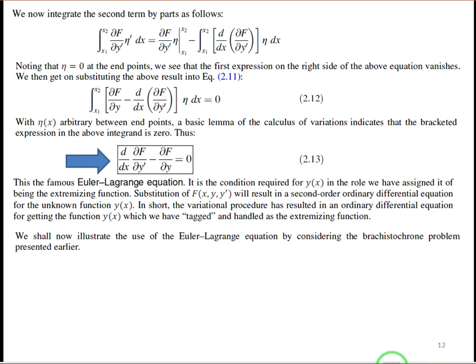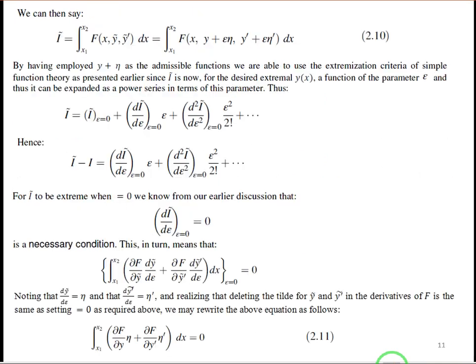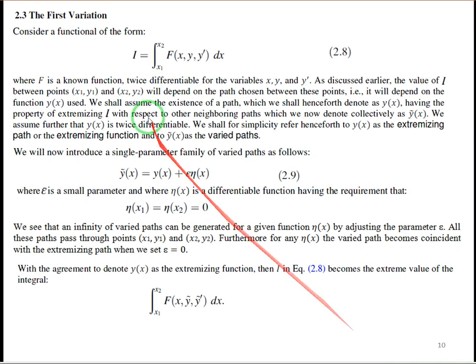functional problem, and the functional problem is the problem of finding an extremum solution for this integration, where f is a function of x, y, and y dash, and y is a function of x, and y dash is the derivative of y with respect to x.